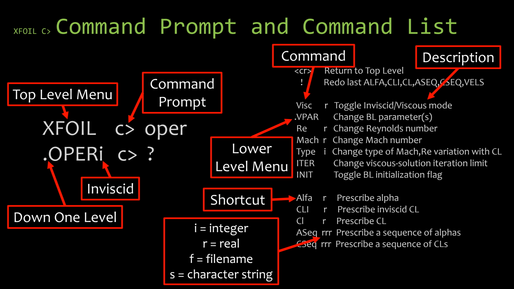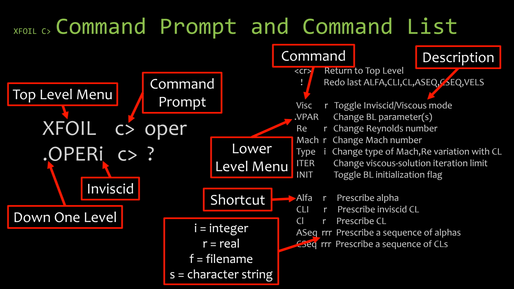Now what's nice is that if you forget to feed in the parameter, Xfoil will spit out a prompt asking for the value. So if I just typed in ASEQ for the sequence of alphas without actually typing any numbers with it, I would receive a prompt asking me at what angle of attack I want to start.